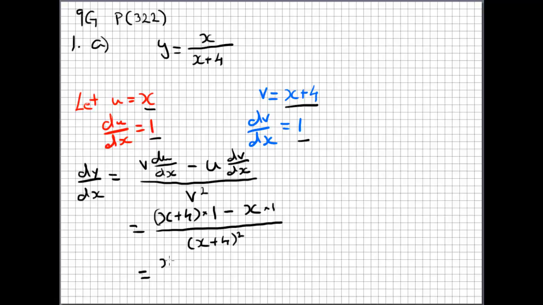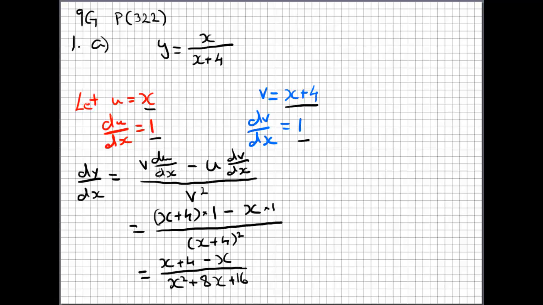This is x plus 4 minus x over x squared plus 8x plus 16.